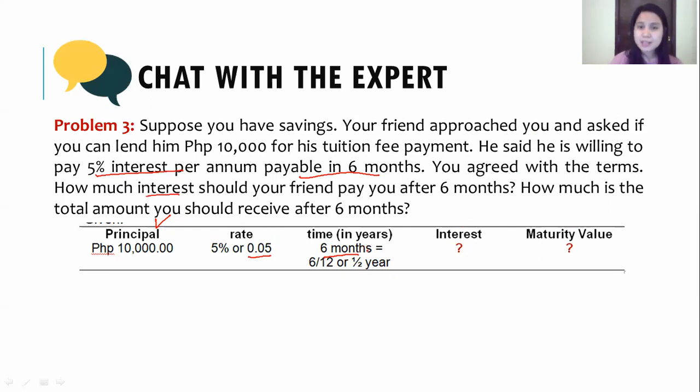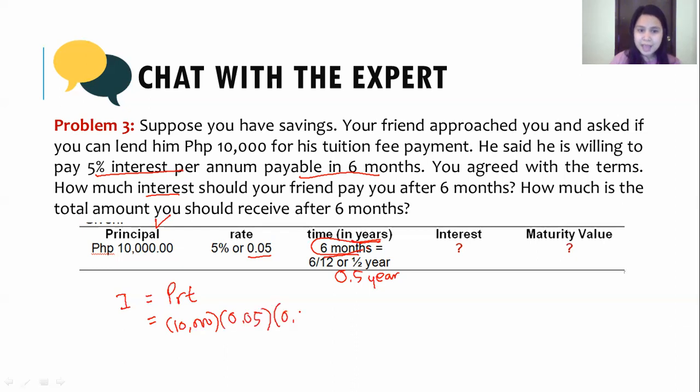But if you check, your friend will only borrow it for 6 months. I told you that in simple interest, we need to write it in terms of years. So convert months to years. It will become 0.5 or half of a year. Let's solve first for the interest. That's interest equals principal times rate times time. The principal is 10,000. Our rate is 0.05.